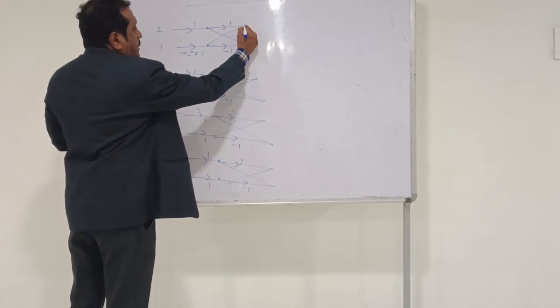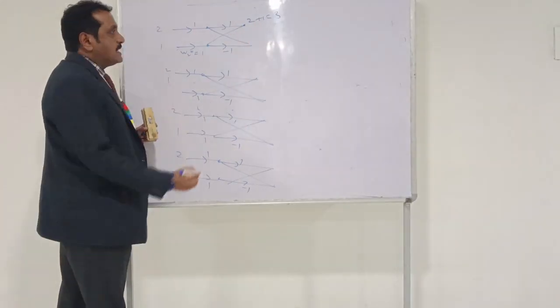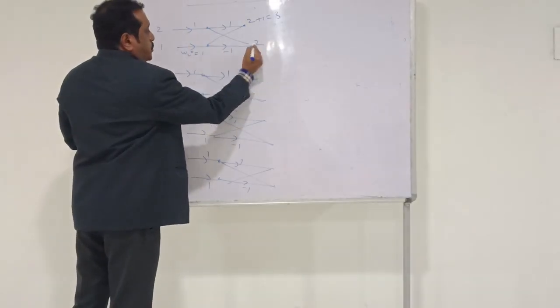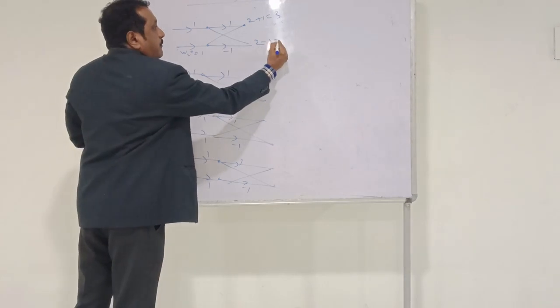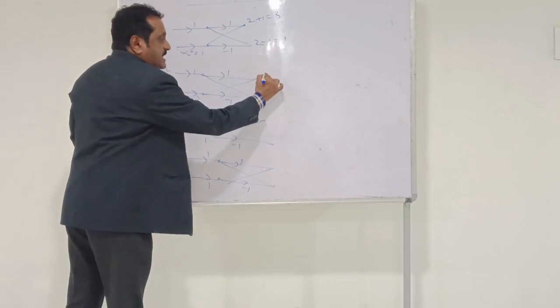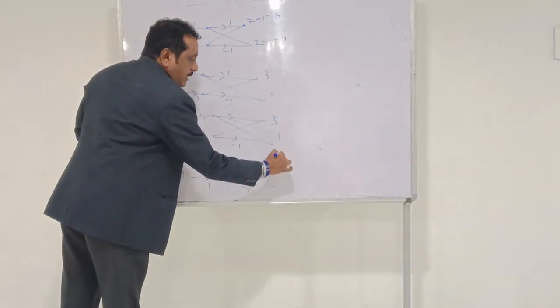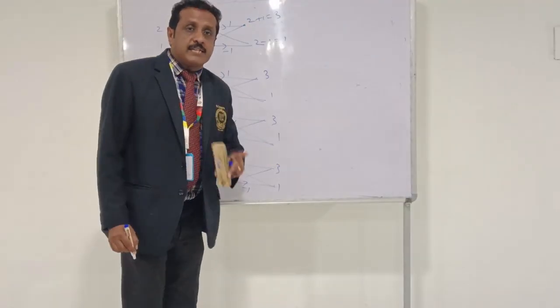The first output is 2 plus 1, so you will get 3. And the second output: one of the inputs is 2, the other input comes this way, 1 into 1 into minus 1, so we get 1. Since all the inputs are the same, we get the same output 3 1 3 1 3 1 3 1. So that is the output of the first stage computation.